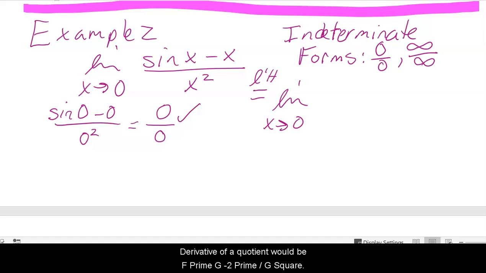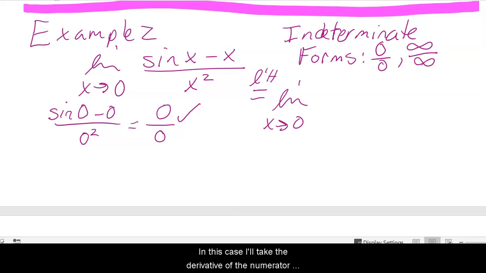The derivative of a quotient would be f prime g minus g prime f divided by g squared. L'Hopital's rule is not the derivative of the ratio.